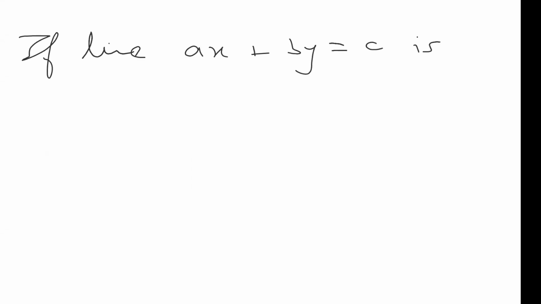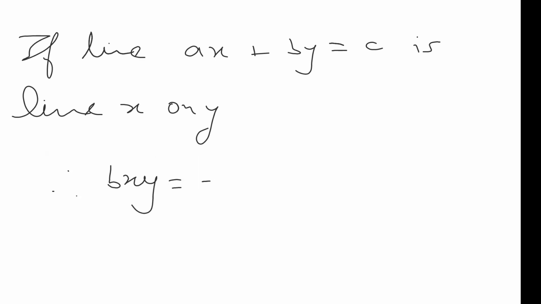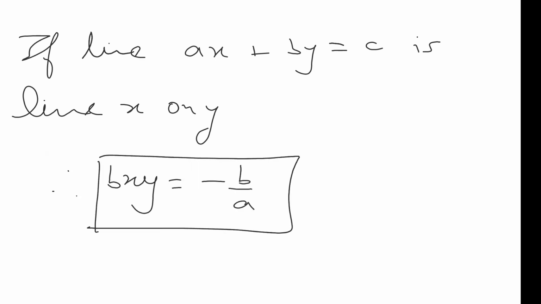If line ax plus by is equal to c is line x on y, then bxy is equal to minus b by a. Just reverse it: take the reciprocal of minus a by b, and you'll get minus b by a.